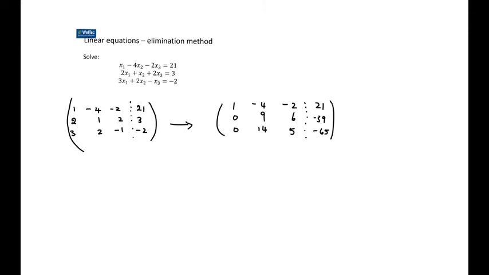And then the next step is to subtract from the third row 14/9 times the second row. Right, so we're going to subtract from the third row 14/9 times the second row.